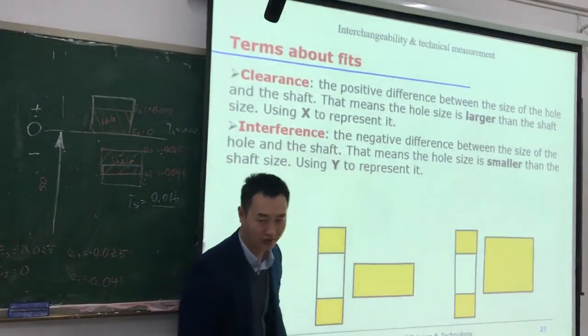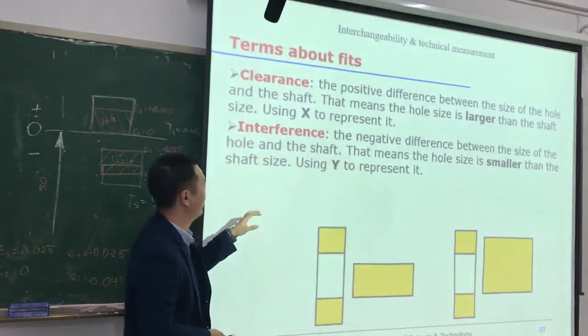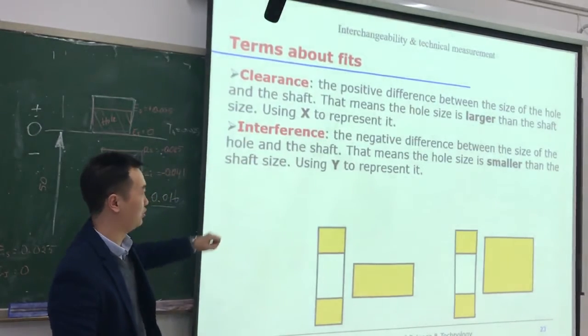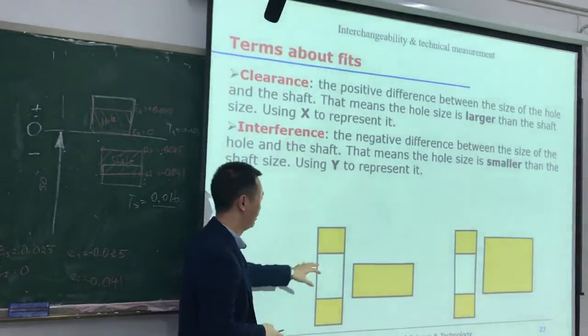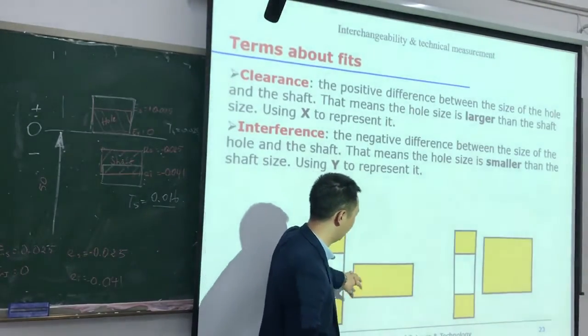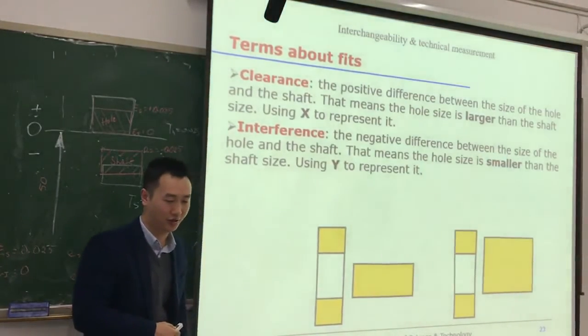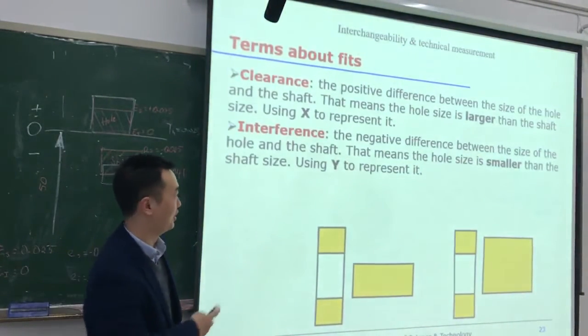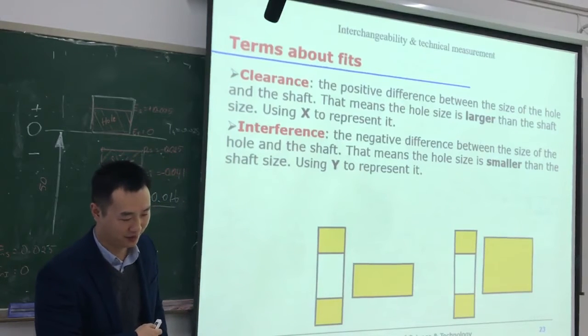So no matter whether it's clearance or interference, we just use the size of the hole minus the size of the shaft. If you get a negative value, it means the fit type is interference.